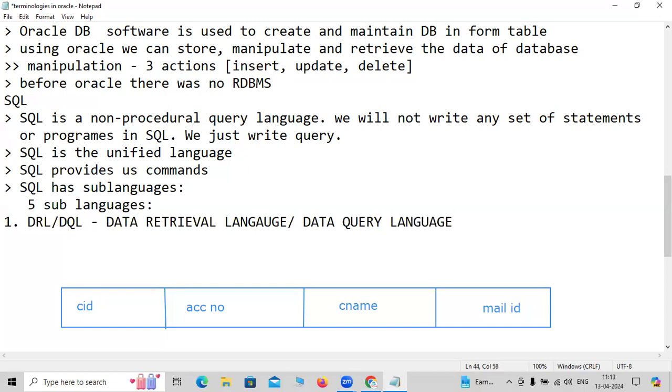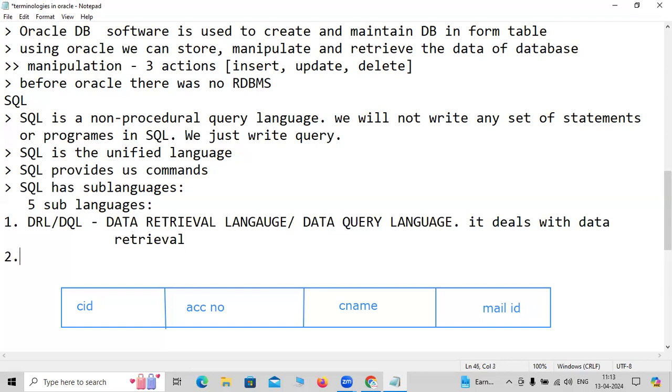Basically the DRL or DQL deals with the data retrieval. Basically we are using the Oracle software to store, manipulate and retrieve the data. So the first sub language of SQL is DRL.